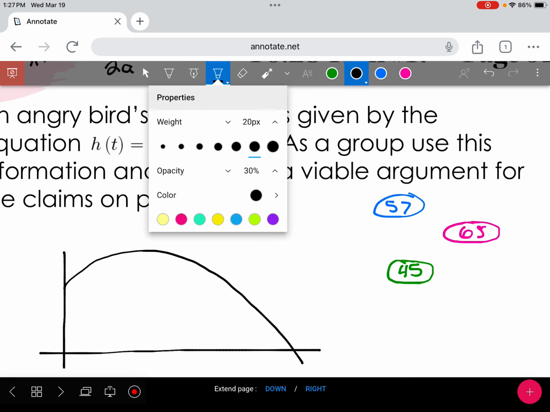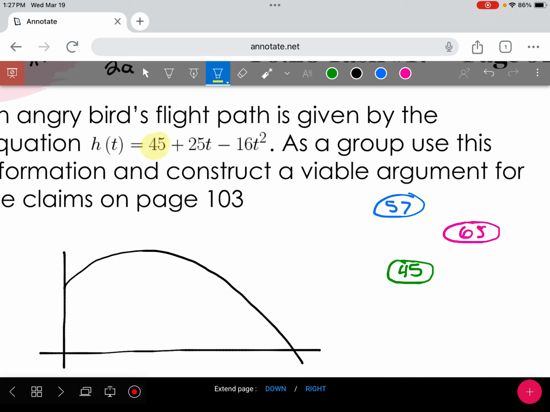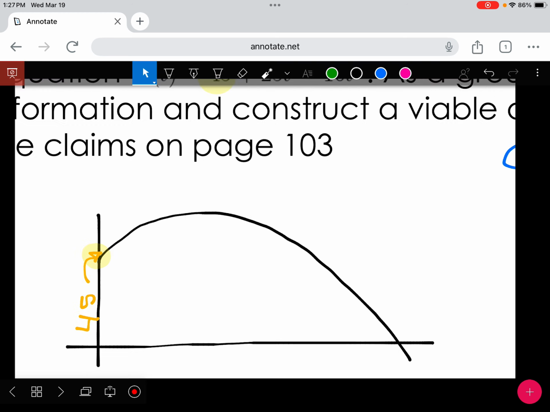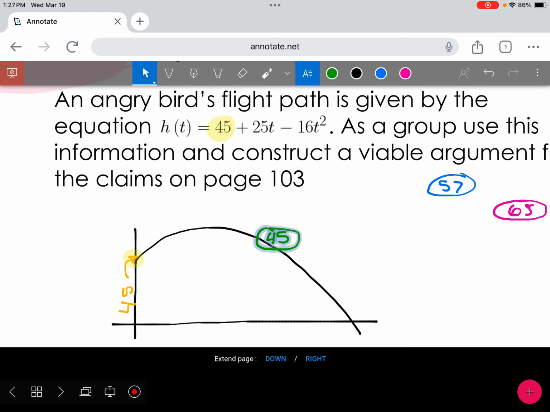Because what we have here, guys, is that this is our y-intercept, which means this is at 45. Which means I can absolutely hit a pig that's at height 45.